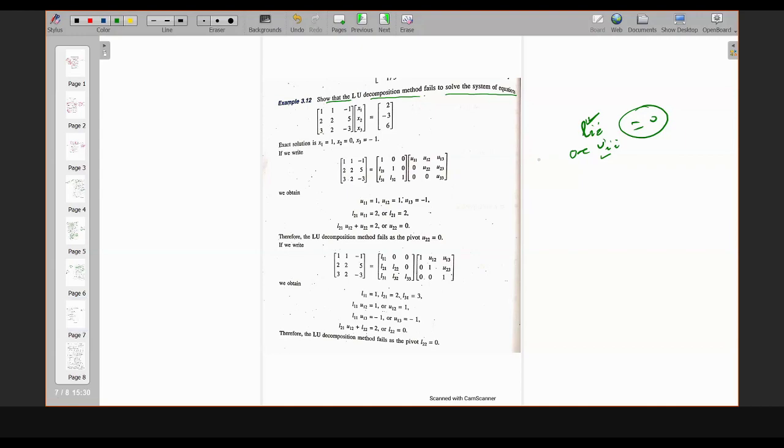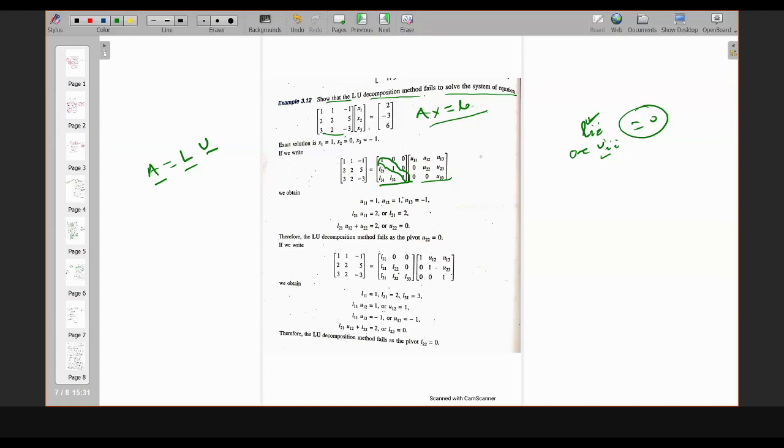So you had this system Ax equals B, the original system, and now you have to write A equal to L into U. We had written L into U, but we had chosen the diagonal elements Lii equal to 1.